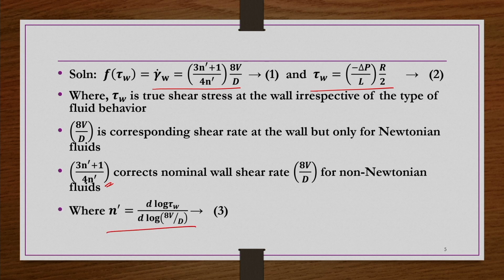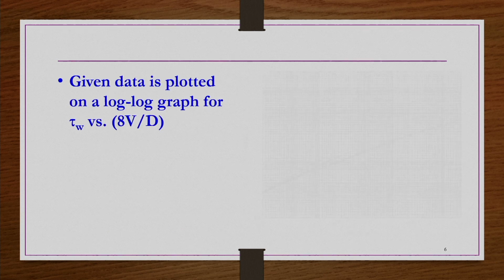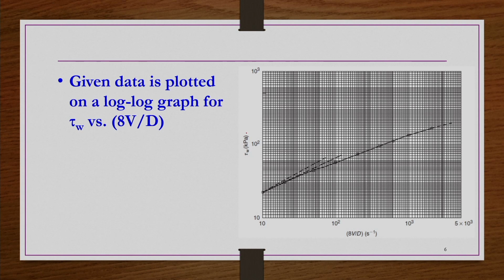So, what we are going to do is have a log plot of tau W versus 8V by D. Let us say at this point of tau W, if you wanted to measure the n prime value, then what do you do?